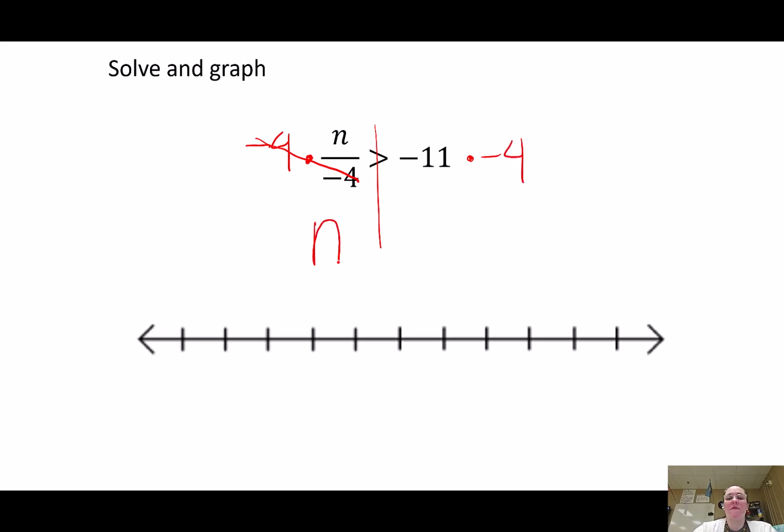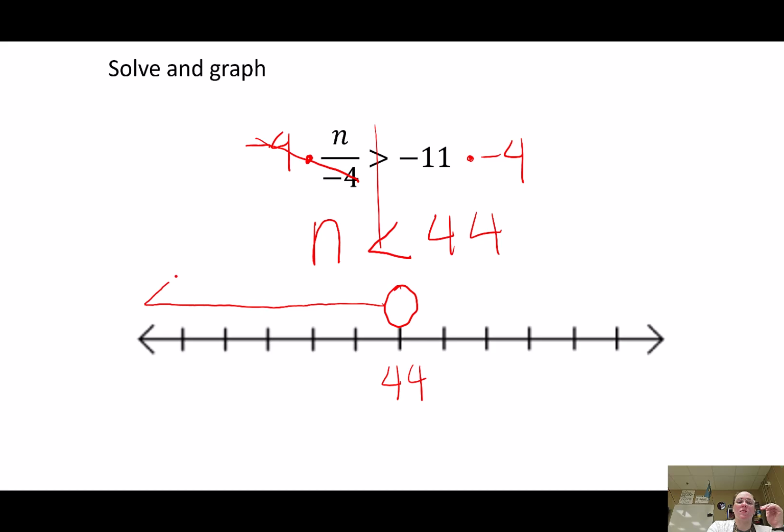So I have to flip my inequality sign. And negative 11 times negative 4 gives me a positive 44. So I'm going to put an open circle since it's less than. And I'm shading to the left.